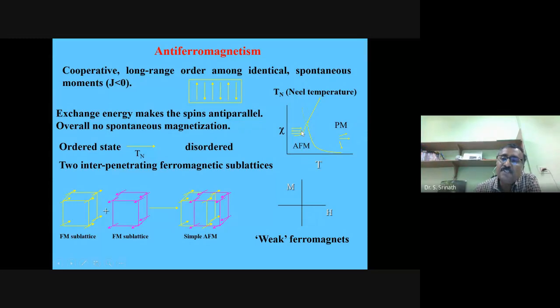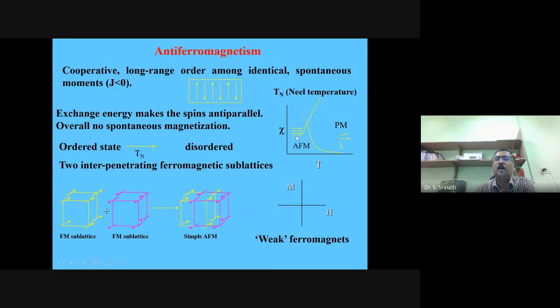The temperature at which this transition takes place is called the Néel temperature. In the ferromagnets we call it the Curie temperature, denoted by Tc, whereas here it is denoted by TN. Again this is an ordered state to a disordered state.